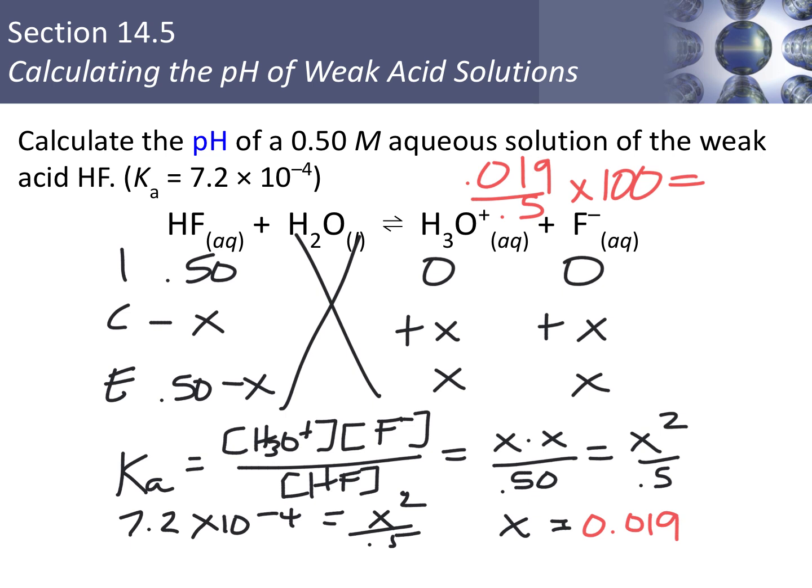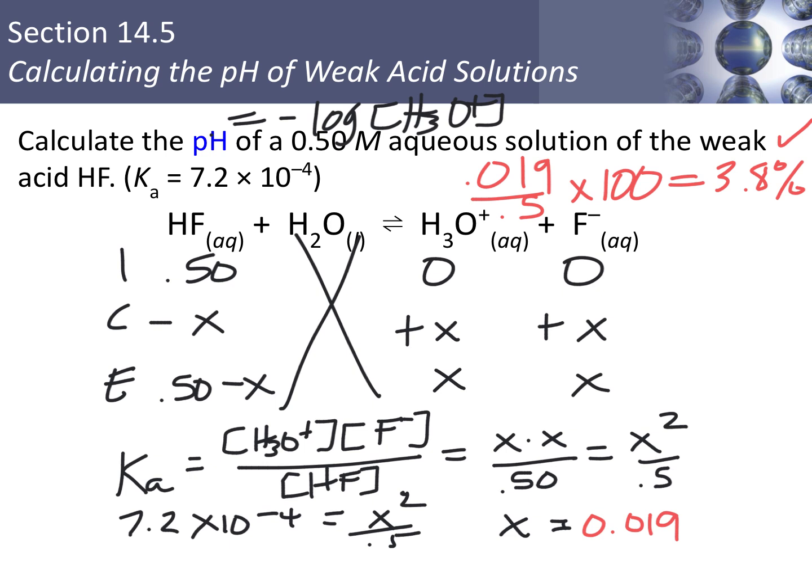And if it's less than 5%, which it is, 3.8%, it was okay to do the math the easy way. The change to the concentration of the HF is going to be very, very small. So we're almost done. We want the pH of the solution, and pH is the negative log of the hydronium ion concentration.